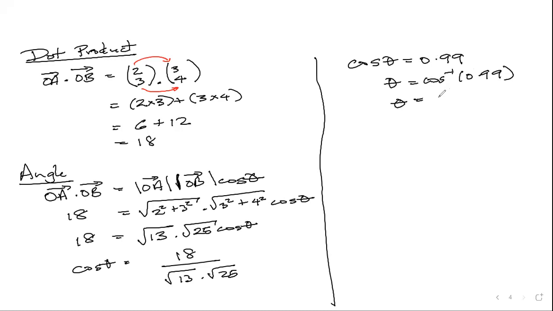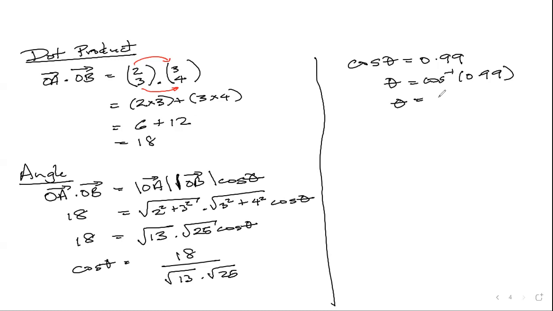How much do you get when you take the cos inverse? So I'm going to get 0.1. Cos inverse of 0.99. Where do you get all of that? Radians. Oh, no. Do you know degrees, sir?